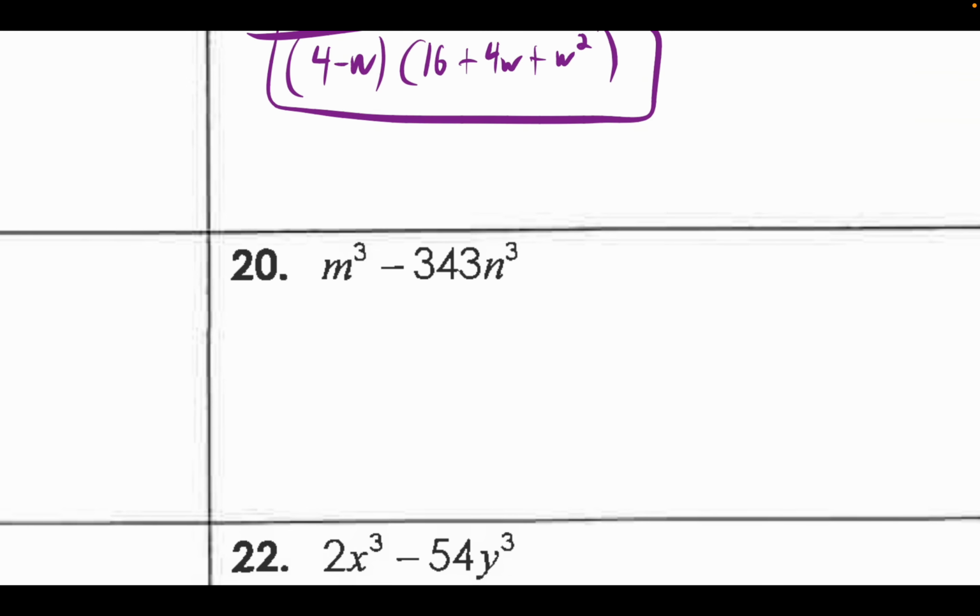Number 20. Cube roots for each of these, I have m and 7n, and so this would be m minus 7n, and m squared plus 7mn as you multiply these cube roots together, plus 49n squared as you square the second cube root.